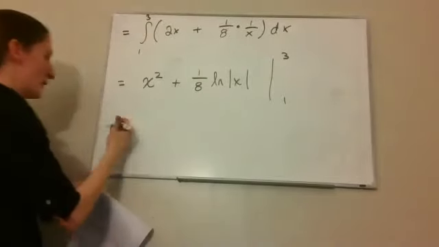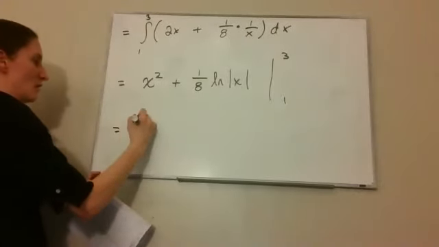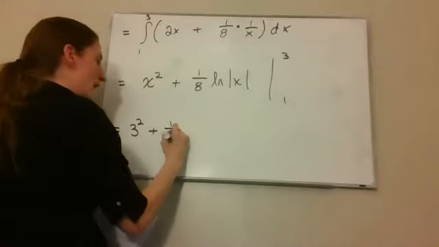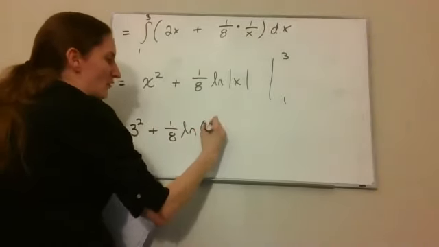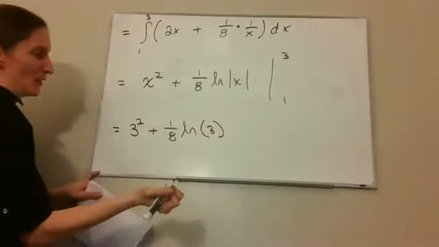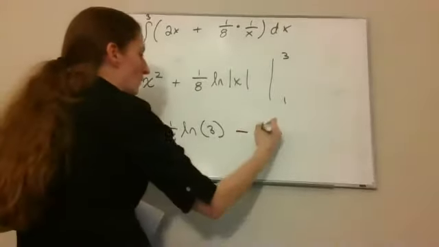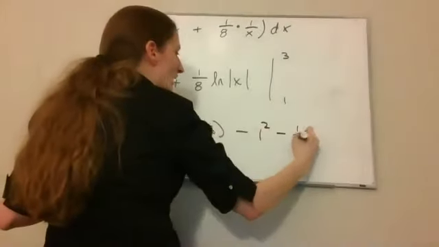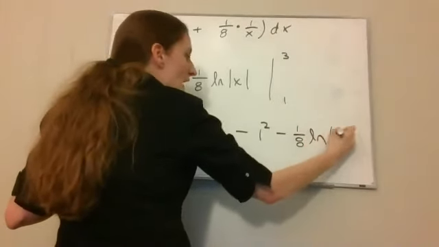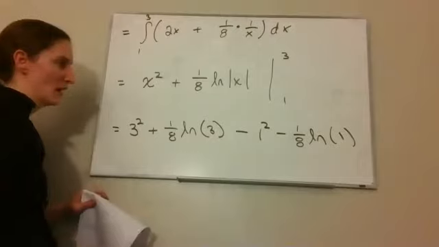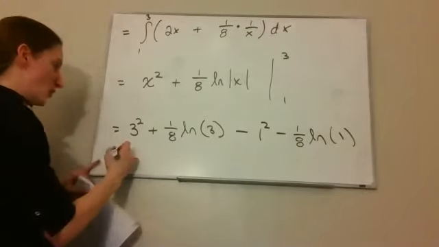Plug in the 3, and we get 3 squared plus 1/8 natural log of absolute value of 3, but that's just 3. And then I have a minus 1 squared and a minus 1/8 natural log of the absolute value of 1. And then we can simplify it a little bit more.